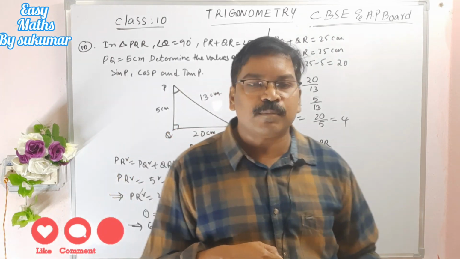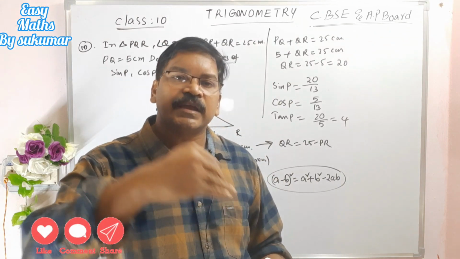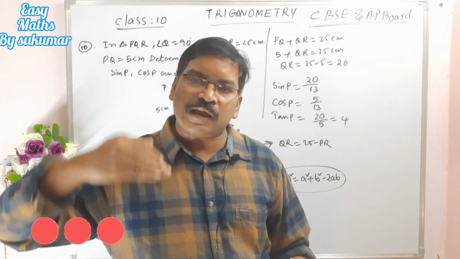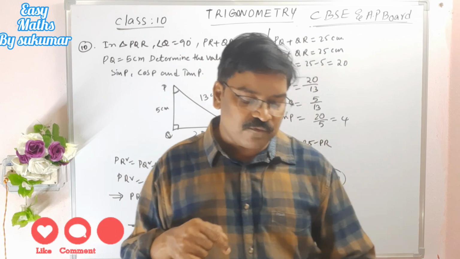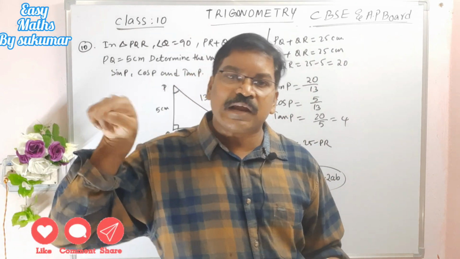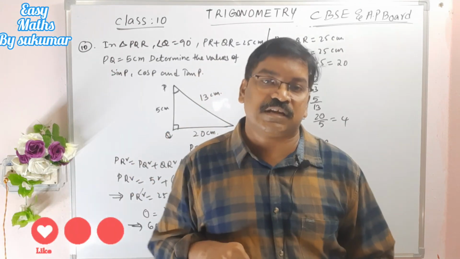Secant A is equal to 12 by 5. What is secant, my dear students? Hypotenuse by adjacent side. The hypotenuse is more than the adjacent side. So secant A is equal to 12 by 5 can be a true statement. Why? 12 is greater than 5. That means the hypotenuse is more than the adjacent side.